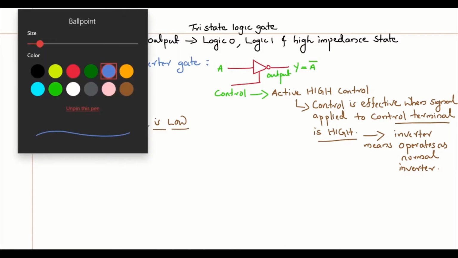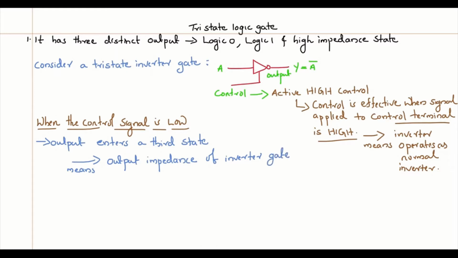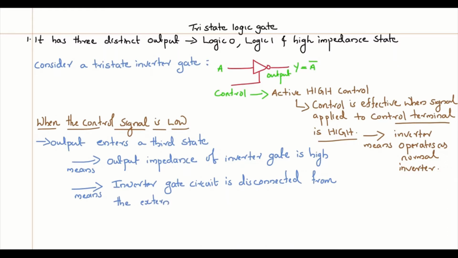What happens when the control signal is low? When the signal applied to the control terminal is low, then the output of the gate enters a third state, that is the high impedance state, which indicates that the output impedance of the inverter gate is high, which means the inverter gate circuit is disconnected from the external circuit.